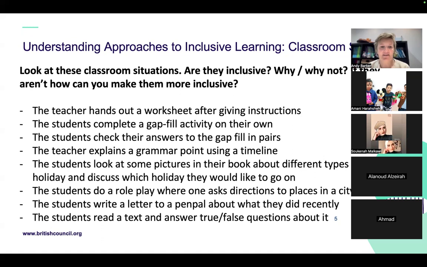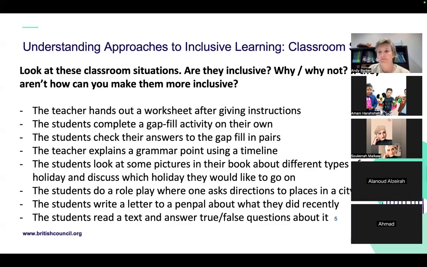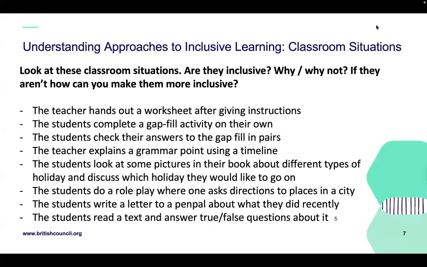Okay, the students look at some pictures in their book about different types of holiday and discuss which holiday they would like to go on. So, Amani, you said that your last group had visuals and they could make sentences with visuals.